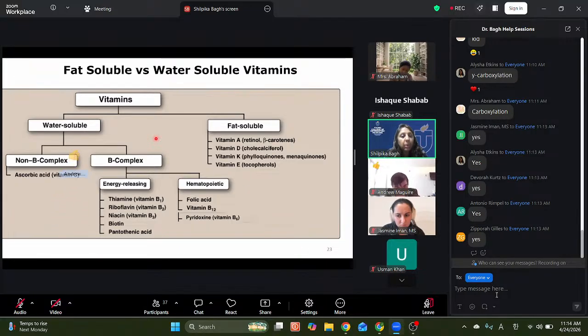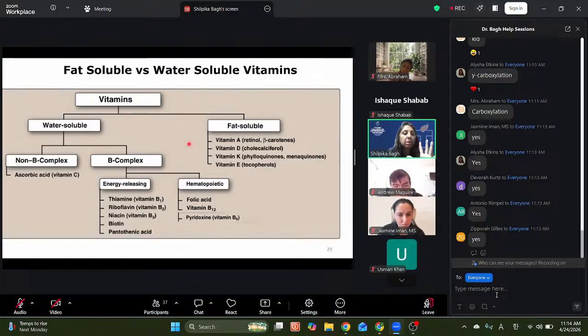So now, for water-soluble vitamins, you have non-B complex and B complex. B complex, I told you clearly, know the energy yielding ones, because chronic alcoholics suffer from deficiency of vitamins that are energy yielding. That's why they're always drinking and sleeping, right? And their brain doesn't function well too. Then you should know the hematopoietic ones: macrocytic anemia, and microcytic anemia with B6.